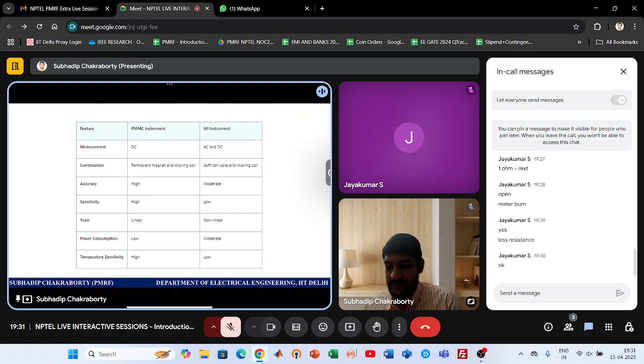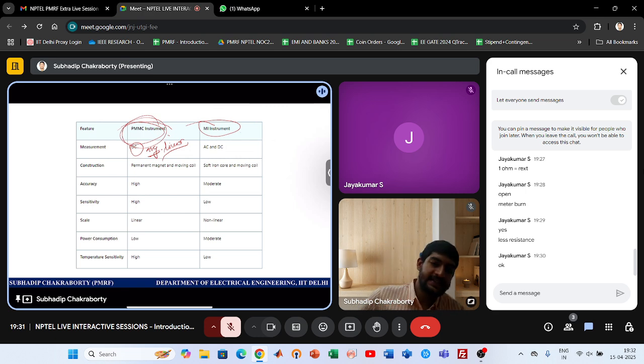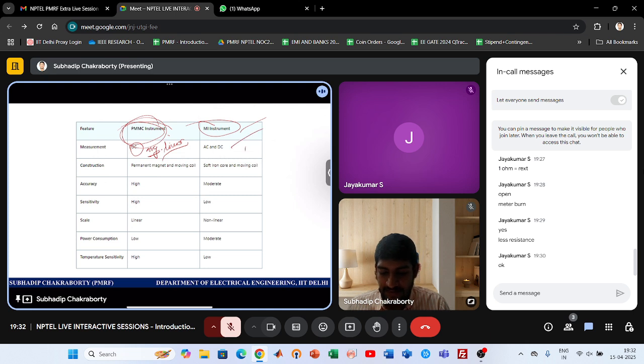So you know there are two types of instruments, the PMMC and the MI type. PMMC measures the average value and it is linear, and it is sensitive to the polarity, right? But the MI type instrument is not sensitive to the polarity because it shows the RMS value, and it can be used to measure both AC and DC.